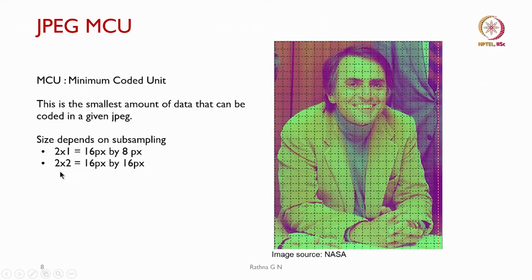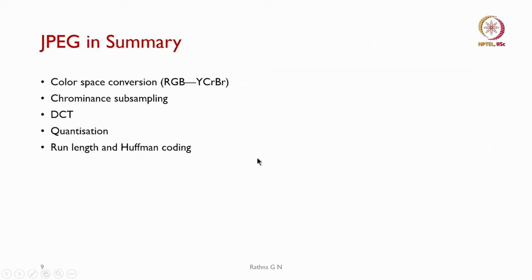If we are considering 2 by 2, then it is going to be 16 pixel by 16 pixel that you will be taking. This is an image taken from NASA, projected to show how the subsampling can be done. Now, the steps involved in JPEG, in summary.